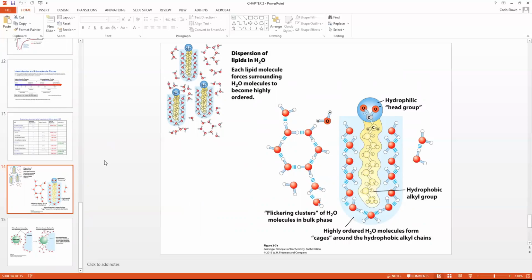However, if I look at something that's nonpolar, what I'm actually going to see is that there's this very specific clustering that occurs. My hydrophobic, the non-polar part of my molecule, is going to tend to cluster together. And then my water molecules are going to order themselves around. And so my entropy in this case is going to be maximized.